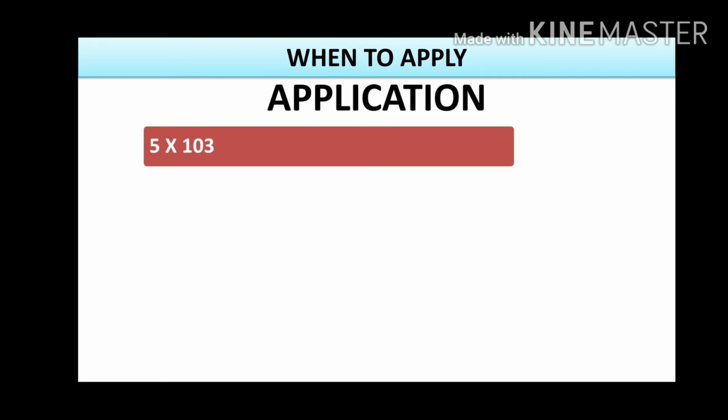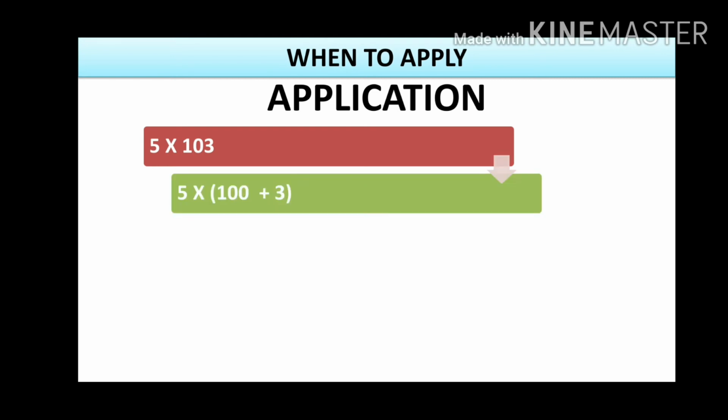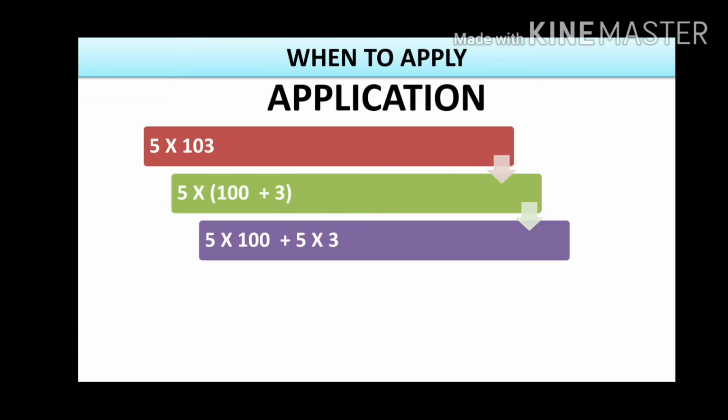So, when 5 multiplied by 103 is there, 103 can be written as 100 plus 3 in expanded form. So, here we will use the distributive property, because inside the brackets we have two different things. So, 5 goes to 100 and also 5 goes to 3.